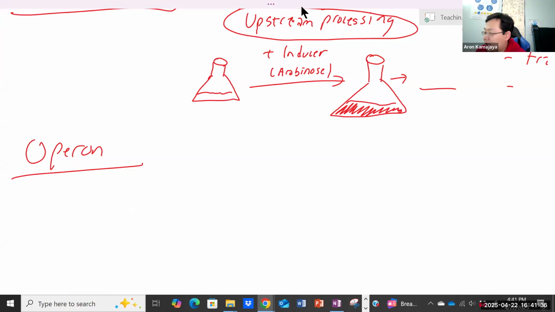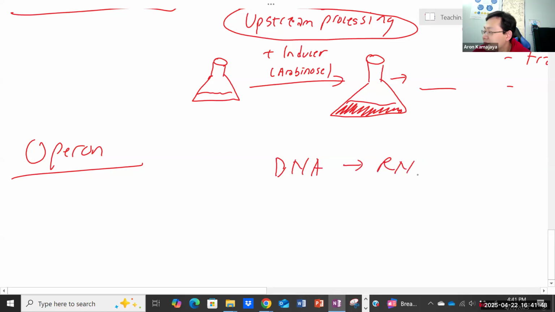You all have learned what we call the central dogma, which is the flow of genetic information, which always goes from DNA to RNA to protein, right? But you already learned this in biology class or something like that.